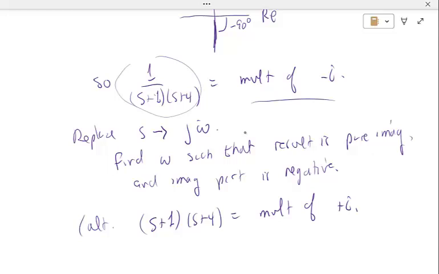So if I take the inverse of a negative imaginary, it's going to become a positive imaginary. So plug in j omega, solve this, and set the real part equal to 0. And make sure that the imaginary part is positive. All right? So that's all you have to do.